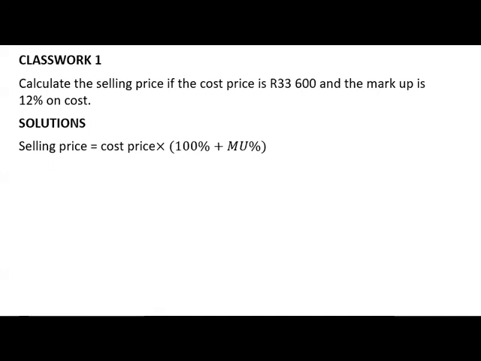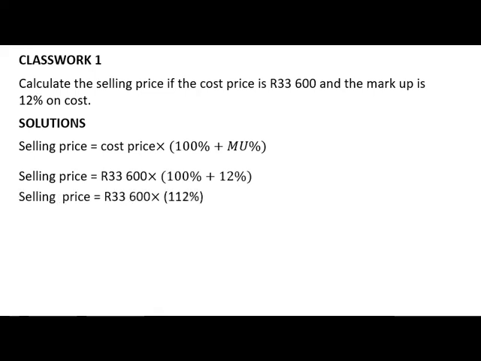Where there's cost price, you will substitute 33,600, and where there is markup percentage, you'll substitute 12. 100% plus 12% will give you 112%. Multiply that by 33,600, it will give you 37,632.